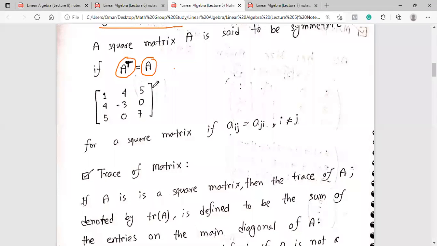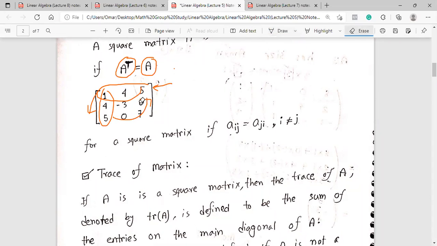For example, this one. So if I write down the row as column, and if I write down the column as row, okay, you see that the result is the same. Let me write it down here. So this is our first row, right?